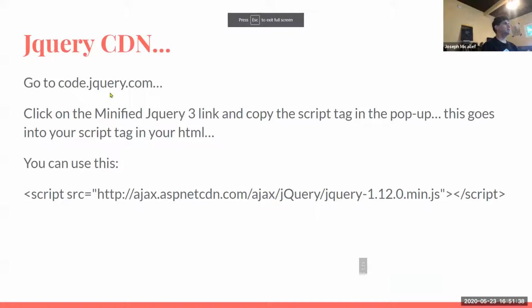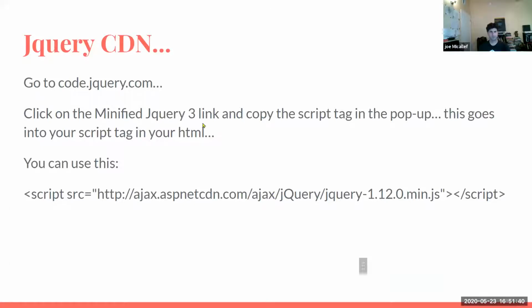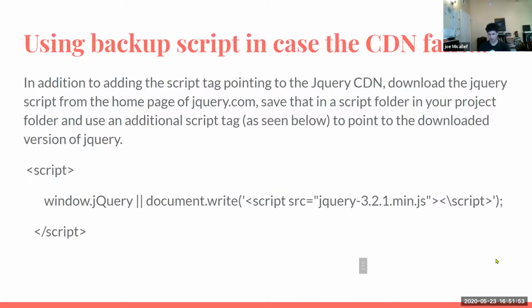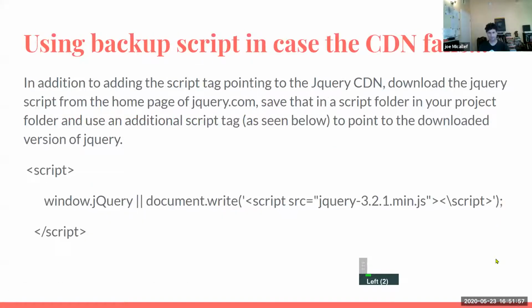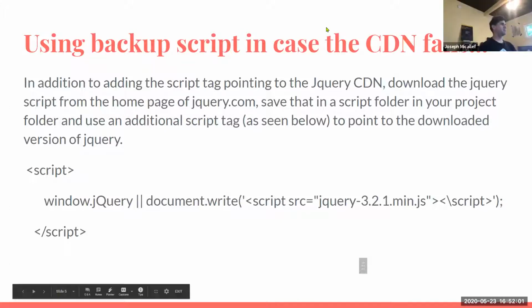What you can do too is point to the code, and you can also download it. Right here, this is pointing to the code. In addition, you can use a backup script.